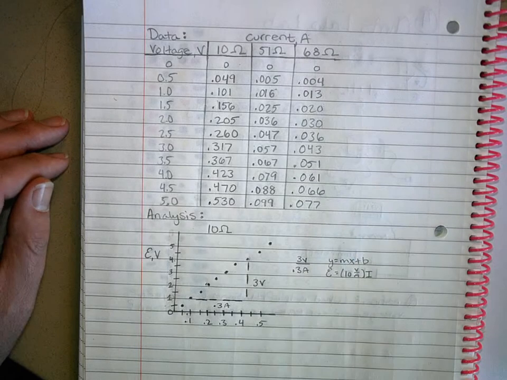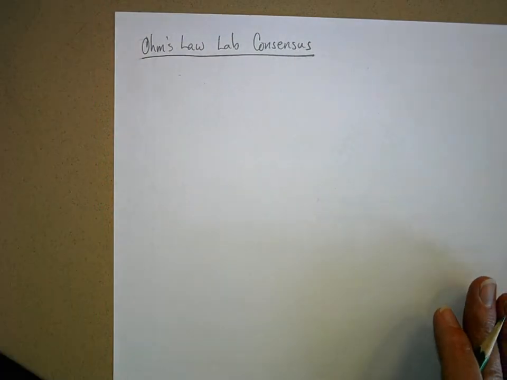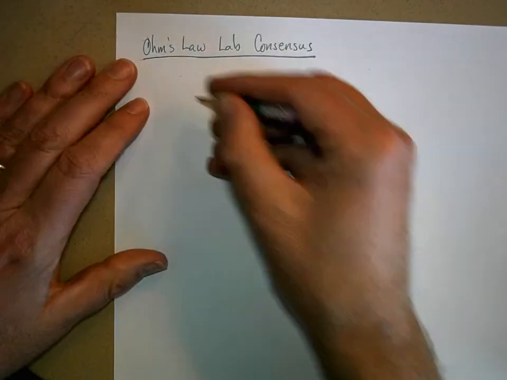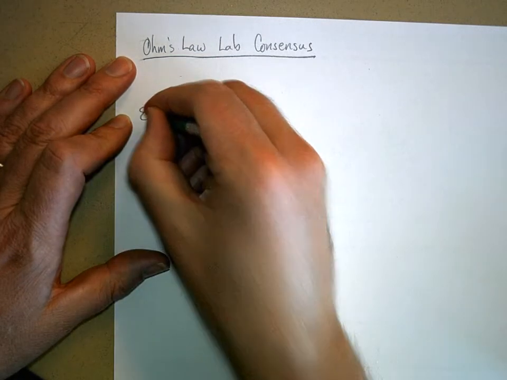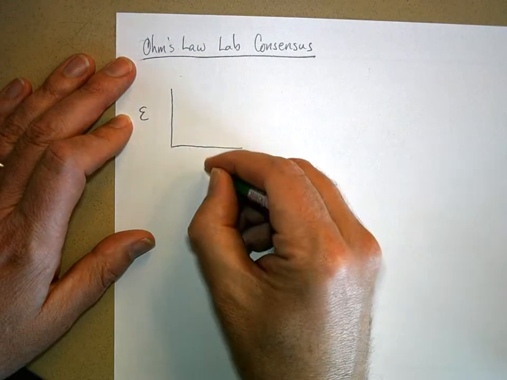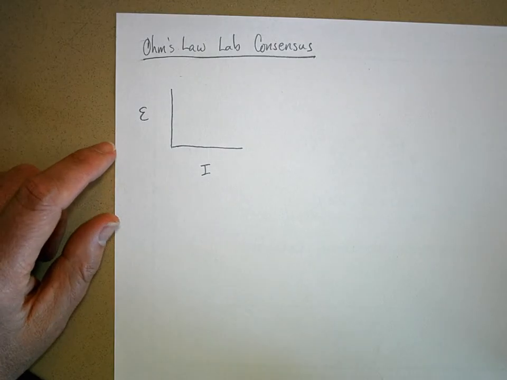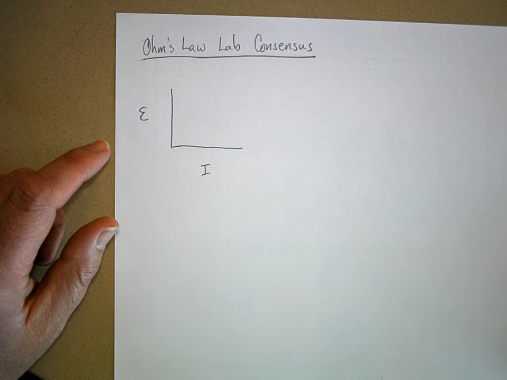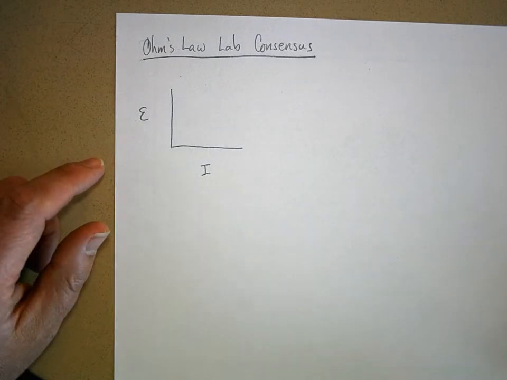And I think one of the things that you saw using those data was that if we graphed them, and I had you graph the voltage as a function of the current, this is a little bit weird because the way we did it, the voltage was the independent variable, and we measured the current based on the voltage.